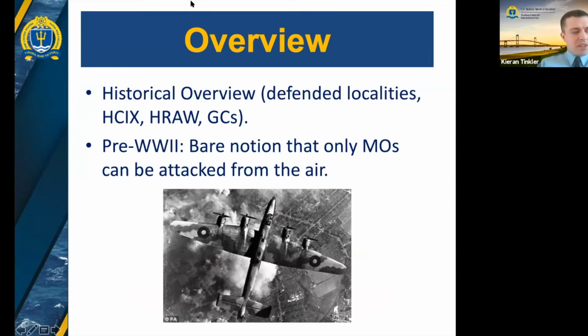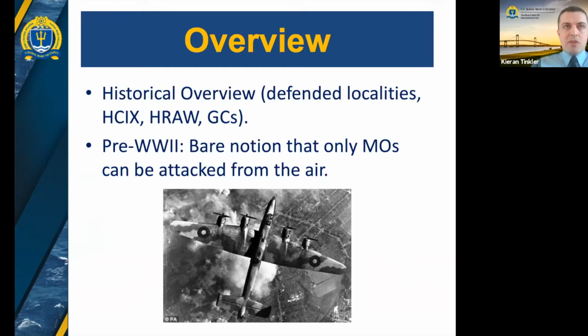Historically, if you look at the Brussels Declaration in the 1870s and the Hague Regulations in the early 1900s, what was targetable, what you could attack, was focused on the bifurcation between defended and undefended localities. If an area was defended, you could attack it, and if it was undefended, you weren't entitled to.